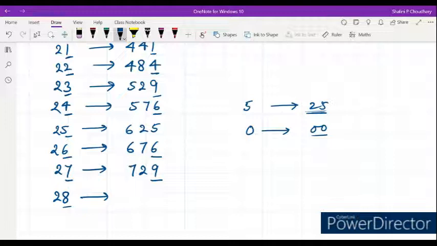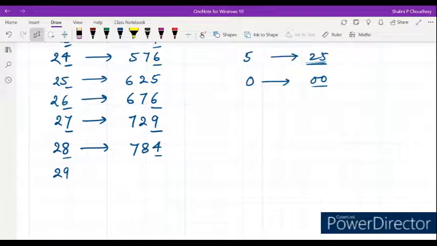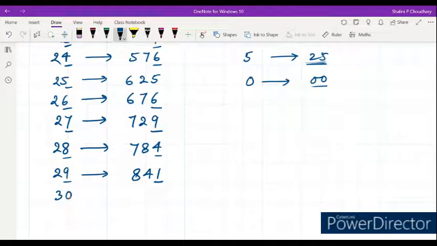Okay, so what is the score of 28? Score of 28 is 784. Okay, now 29, 9 nines are 81, right? Score of 9 is 81, that should end with 1. So what is the score of 29? That is 841, ending with 1. Now 30, score of 30, there must be 2 zeros, and score of 3 is 9, so that is 900.